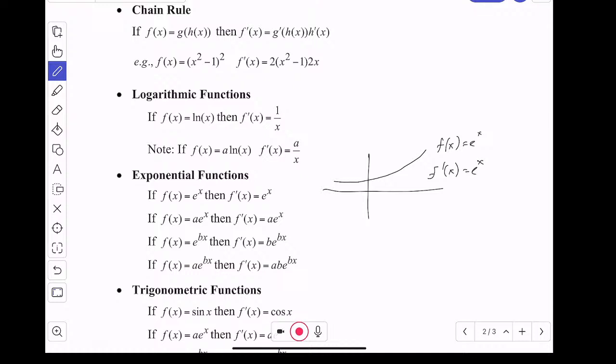So there's all these other things here. What you've got to do if there's something connected to the exponential function, it's still just itself. However, if you have a function in the exponent, you have to take the derivative of that function as well. That's applying the chain rule.